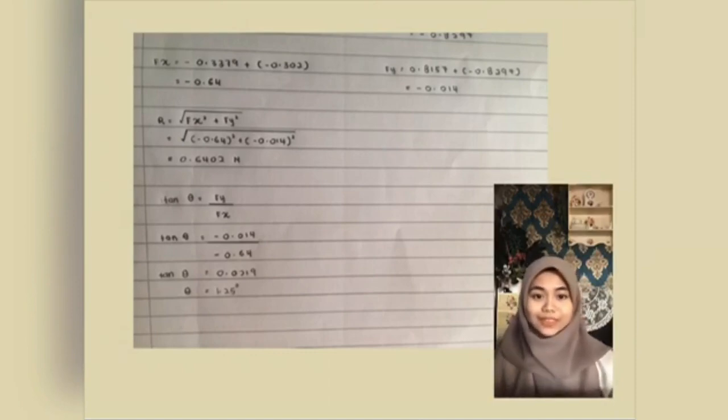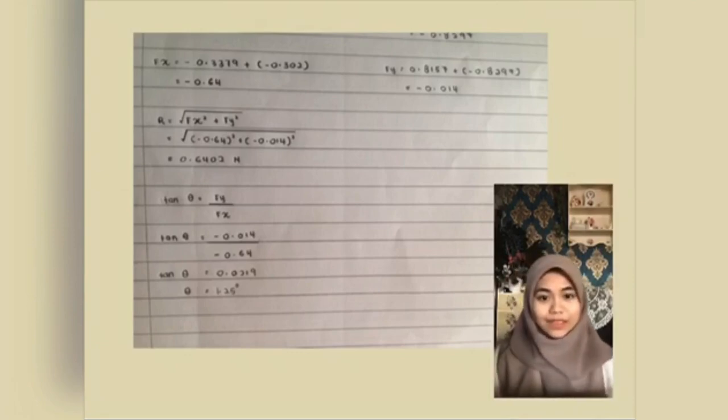To find them, we add F1 plus F2. So for the Fx, it is negative 0.3379 plus negative 0.302, which equals negative 0.64.